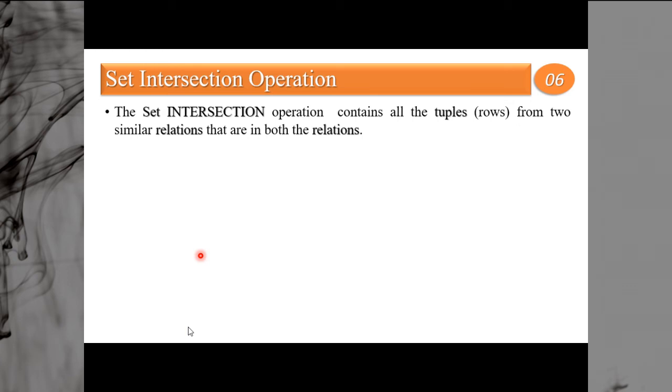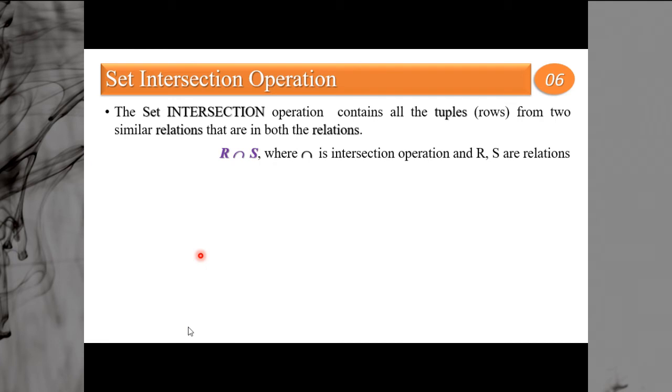When we talked about union, we were selecting the tuples available in either relation or in both, but here with set intersection we are talking only about those tuples which are in both relations, that is, common to both.